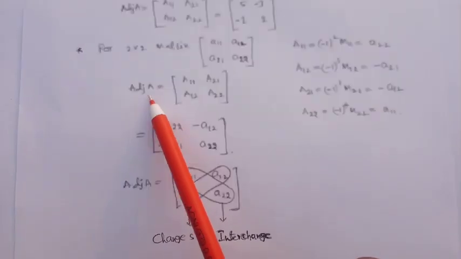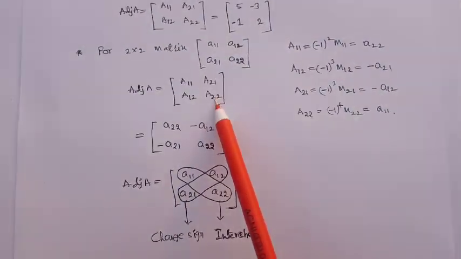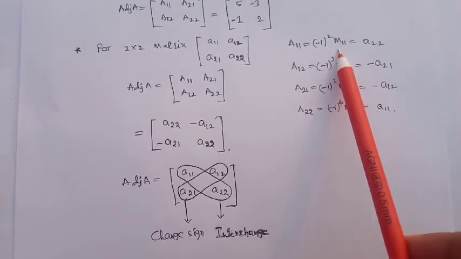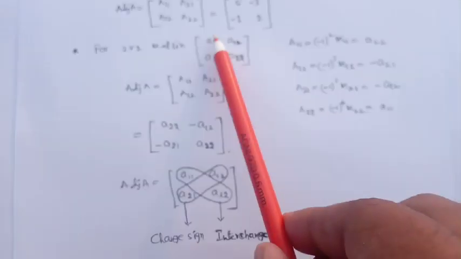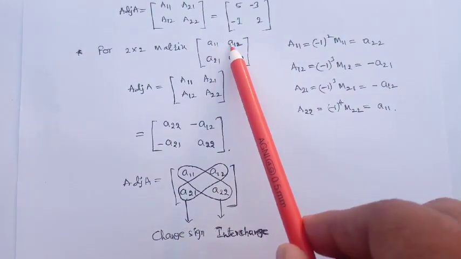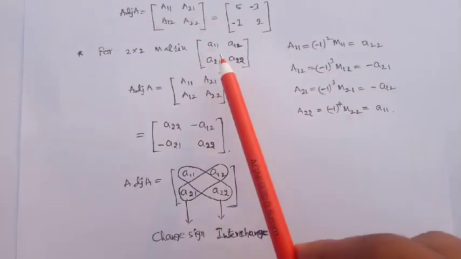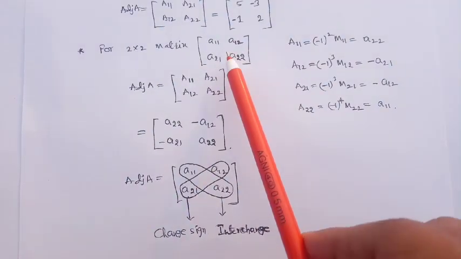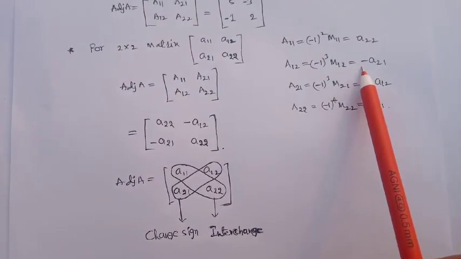But adjoint of A is equal to [A11, A12; A21, A22], and we are finding A11 like this, (-1) to the power 2 M11. M11 is going to be, excepting first row and first column, A22. A22 is here, and for A12, excepting first row and second column, A21, that too with minus.